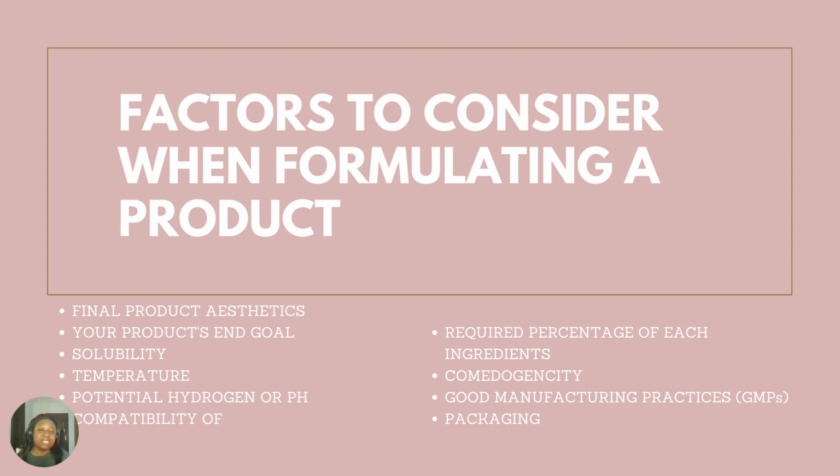Kojic dipalmitate is oil soluble at about 70 to 75 degrees Celsius, but when the solution starts to cool, it starts to crystallize. In this case, you cannot include kojic dipalmitate as one of the active ingredients in your body oil because guess what? It is going to crystallize and look messy, and you really do not want that.